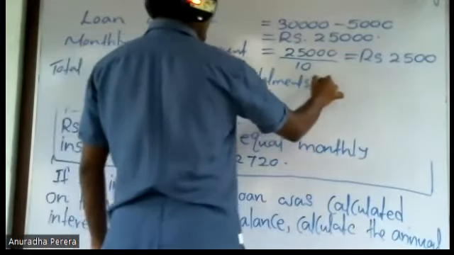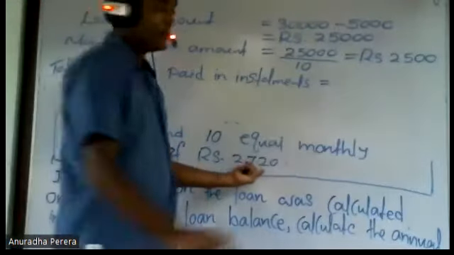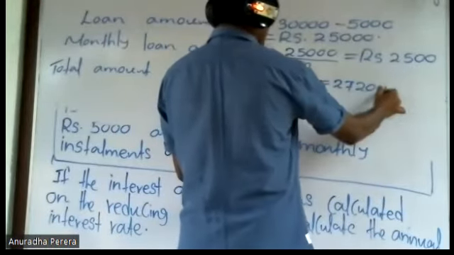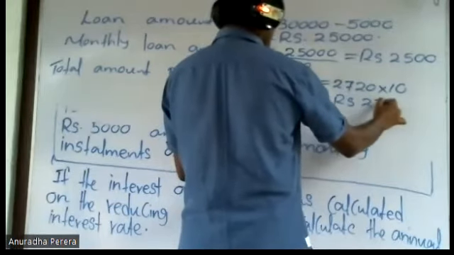In installments, we know the value of an installment is 2,720 and there are 10 installments. The answer is 27,200.